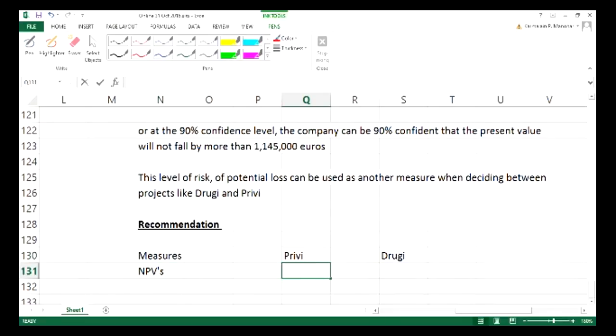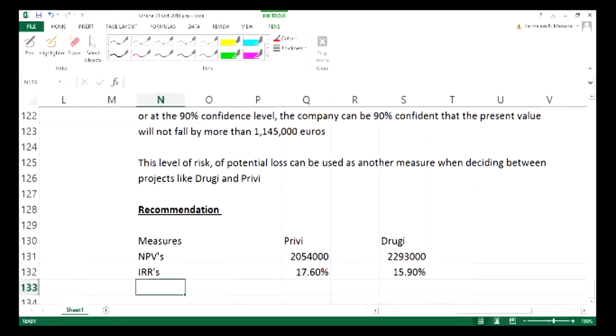Euros 2054 for Privy, Trucking 2293. We had the IRRs to compare. Privy was 17.6. Trucking, we had 15 point something, 15.9.